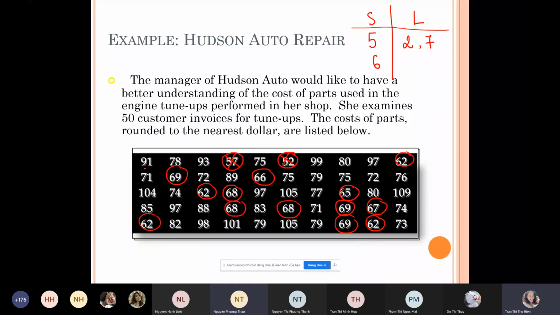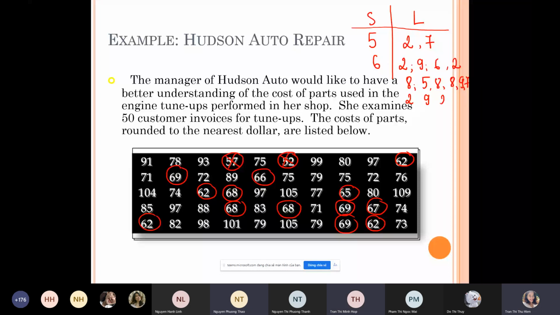Maybe in the first line, it is 62, right? So I write 2 here. Next, 9 and 6. Is this correct? For the third row, 2, 8, 5. For the fourth row, 8, 9, and 7. And for the last, it is 2, 9, and 2.